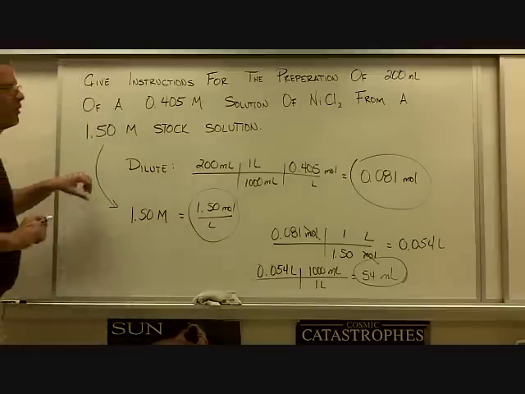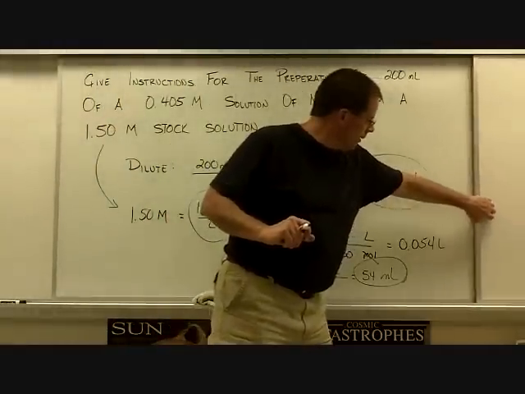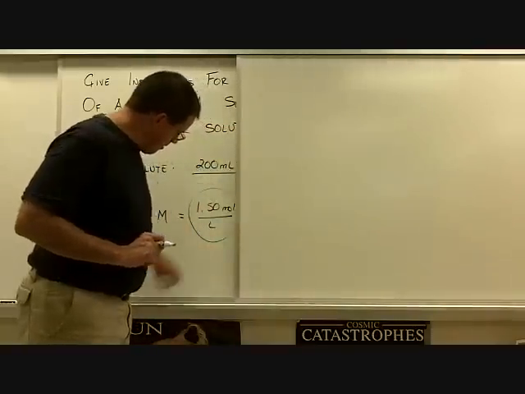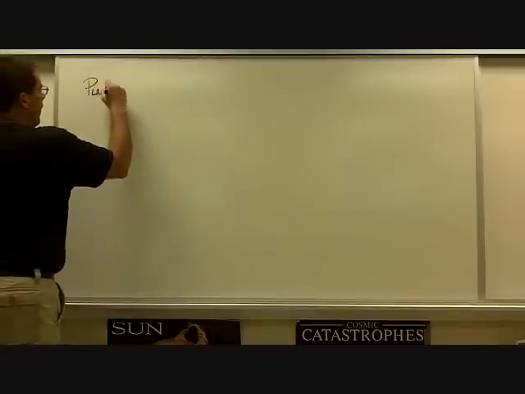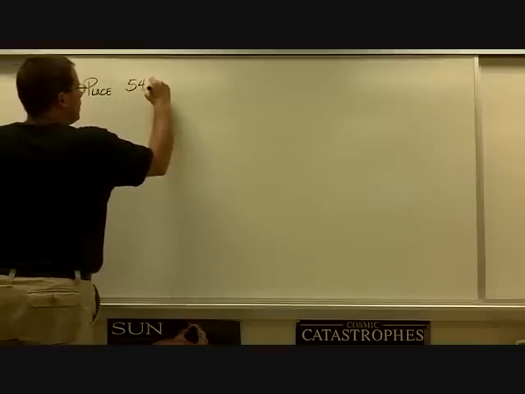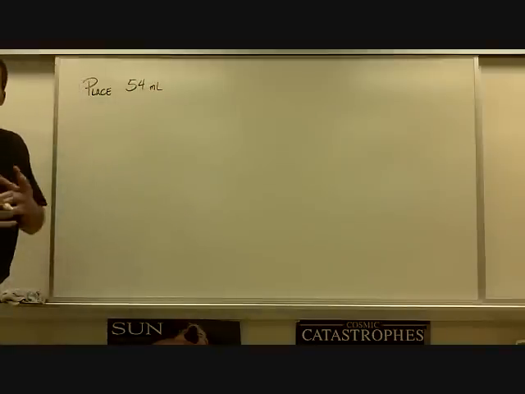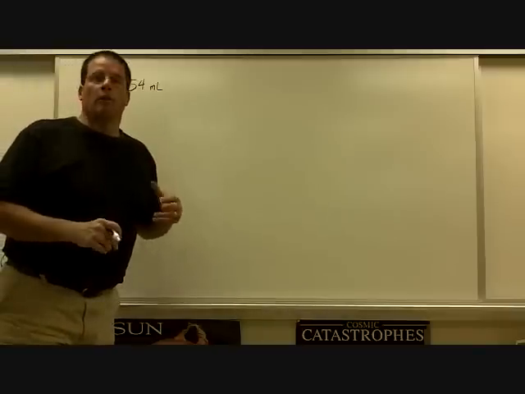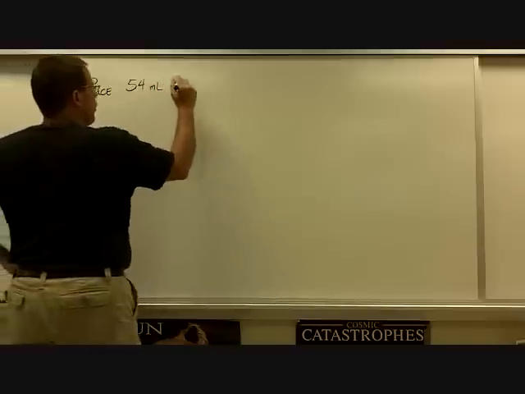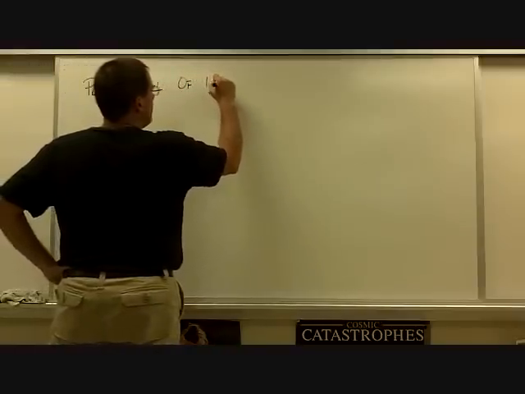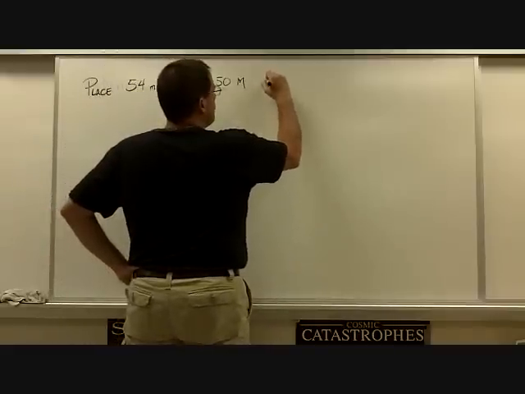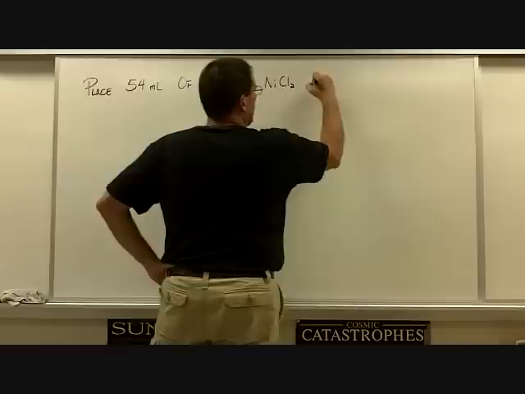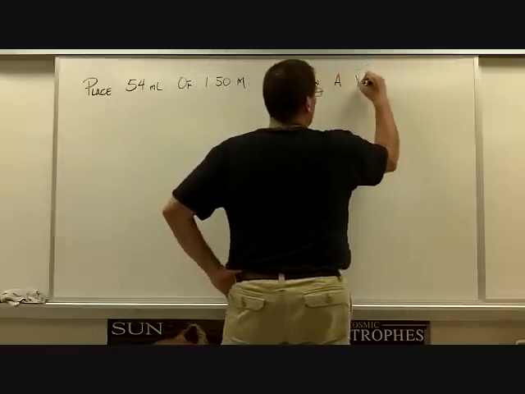Let's slide this board over. So what we're going to do is measure out 54 milliliters and then place 54 milliliters of a 1.50 molar solution of nickel II chloride in a volumetric flask.